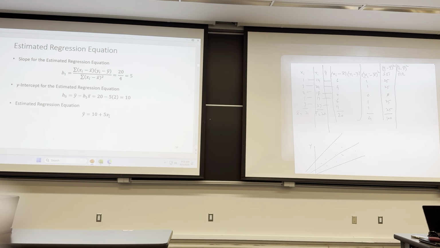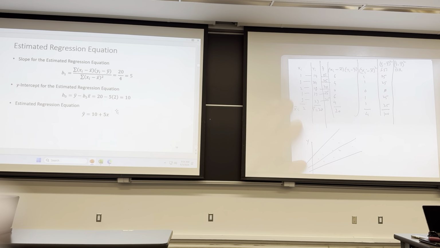If I replace x by 2, the answer is 20. If I replace x by 3, the answer is 25. So that's what I'm doing over here. Replacing x by 1, the answer is 15, and this is going to be 25, and this is going to be 20, this is going to be 15, and this is going to be 25. So I have my y hat values.